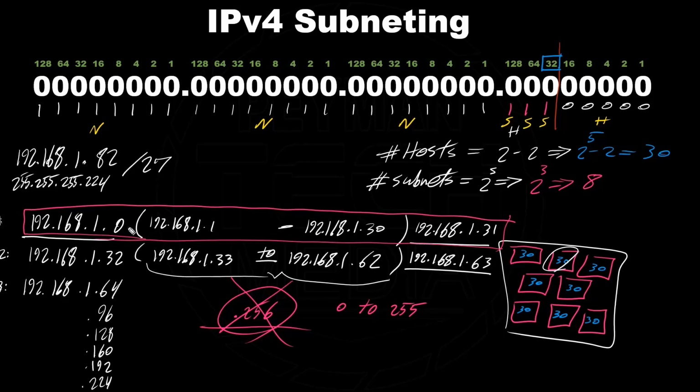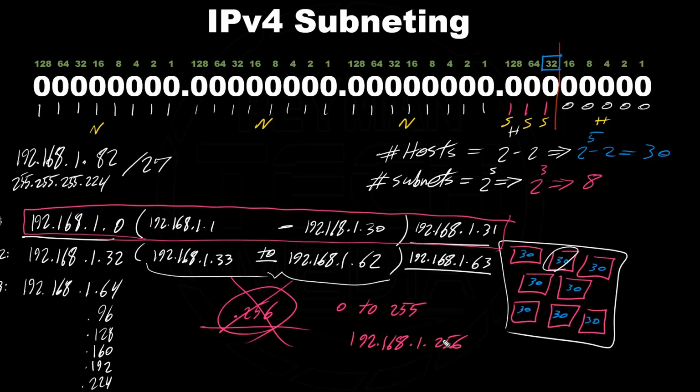So if we continue incrementing by 32, right? Earlier we talked about our network increments. So when we get to 224 plus 32, that's 256. So what happens here, it will be 192.168.1.256, right?